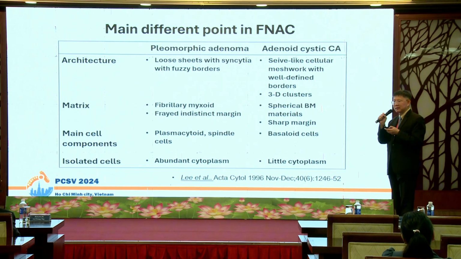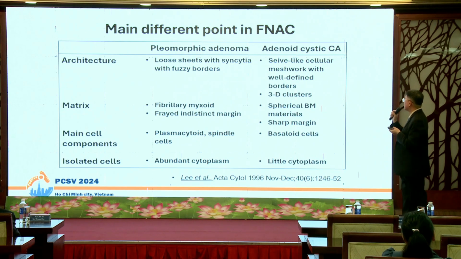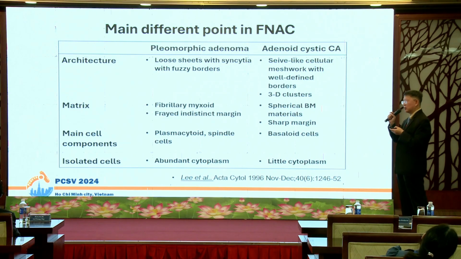In the typical case, not this case, which is quite challenging, pleomorphic adenoma has an architecture of loose sheets and syncytia with ill-defined or fuzzy borders, while adenoid cystic carcinoma usually comes with three-dimensional clusters with a sieve-like, cribriform appearance. I will show you the pictures later.